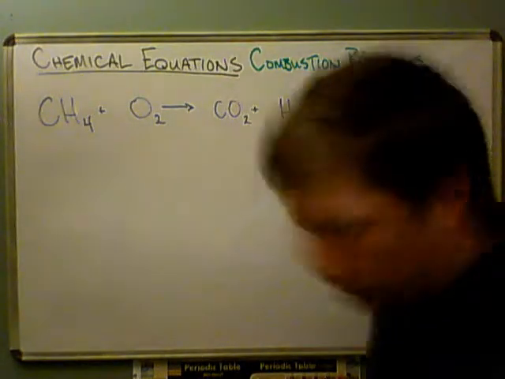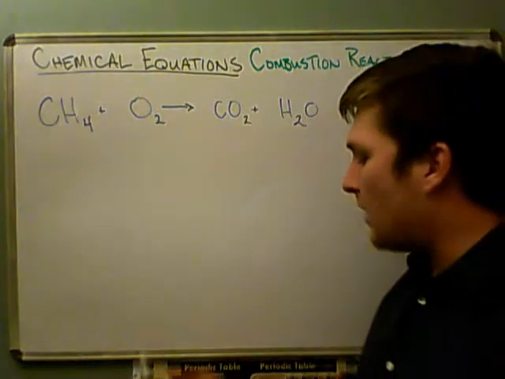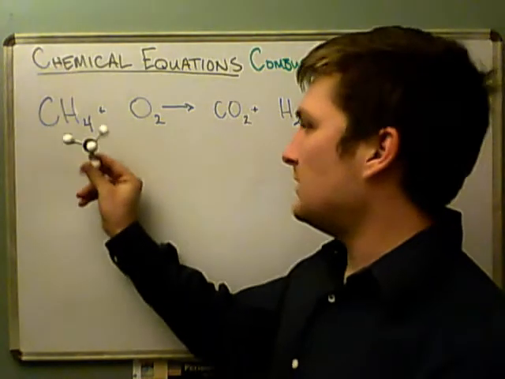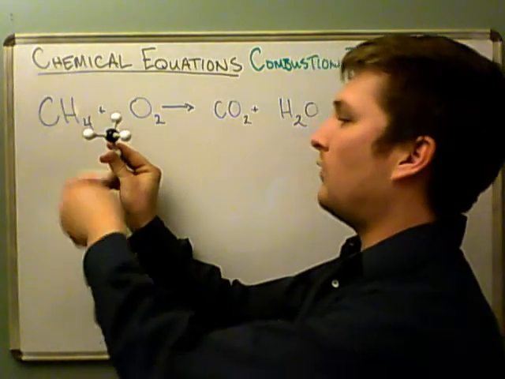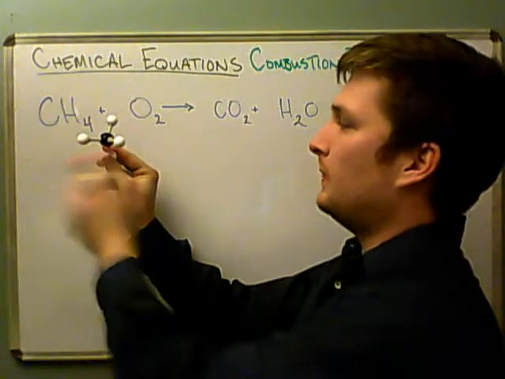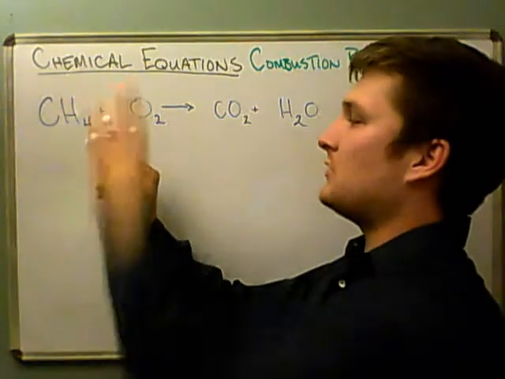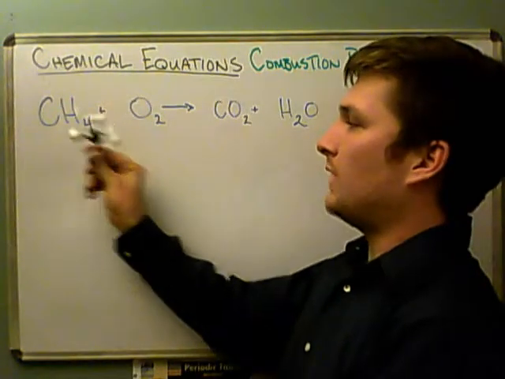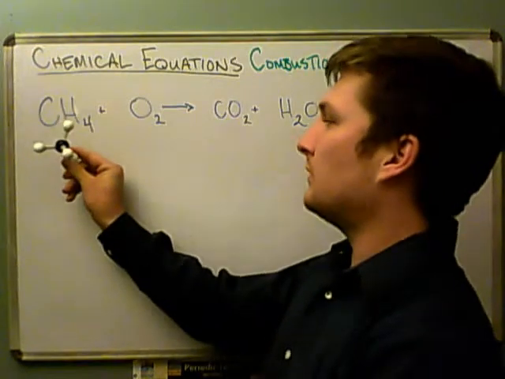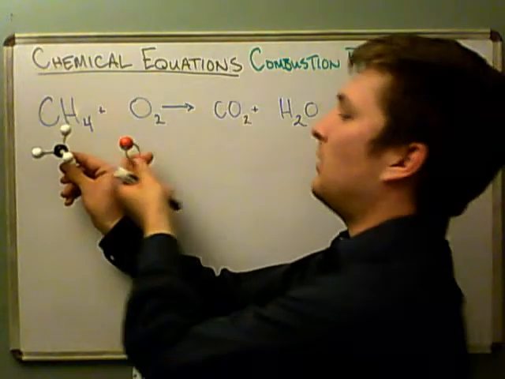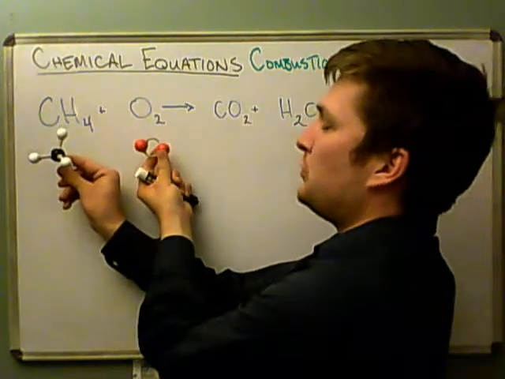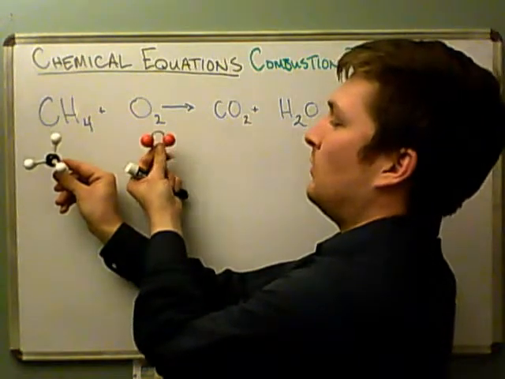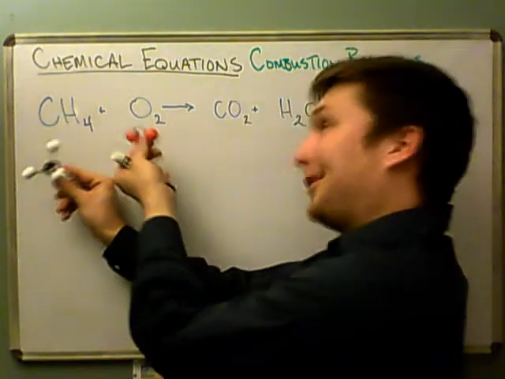So, as it stands right now, this black one right here is carbon, and these white ones are hydrogens. There's 4 of them, right? That's a molecule of methane. This is a molecule of oxygen. It's O2. The red ones are oxygens. There's 2 of them, O2.